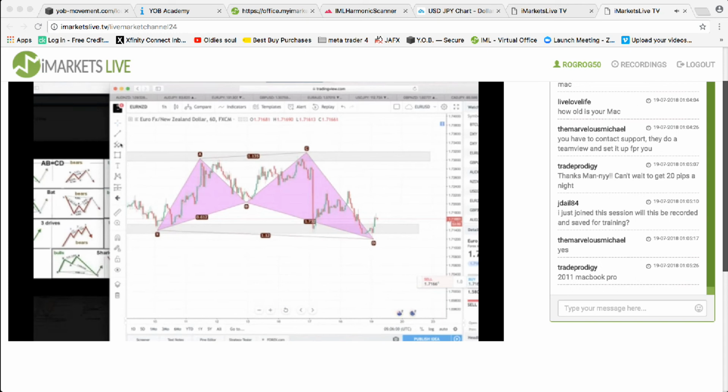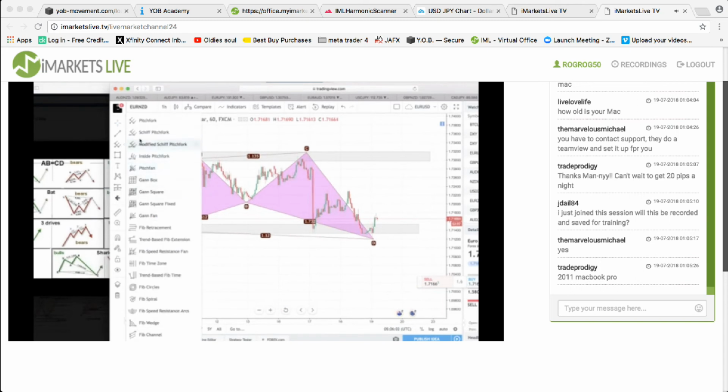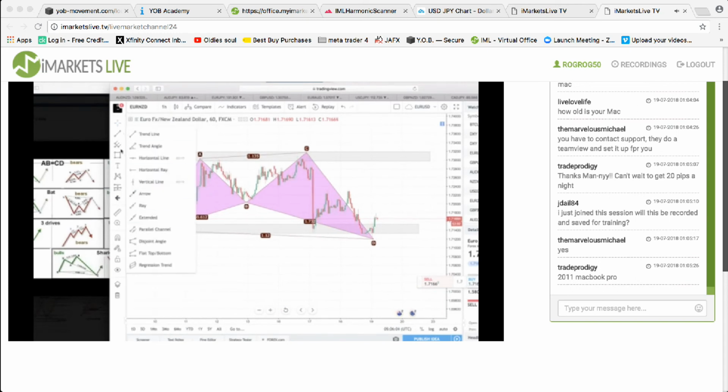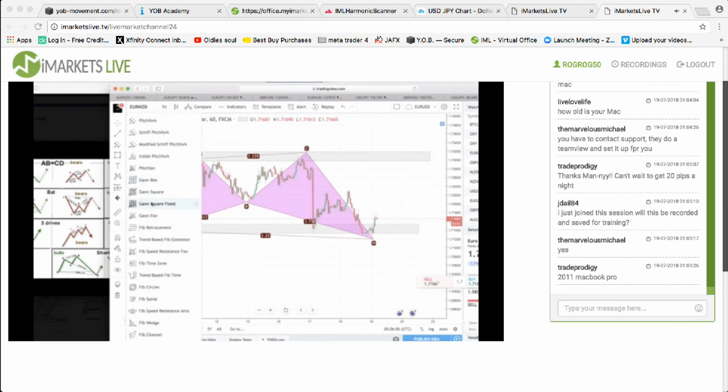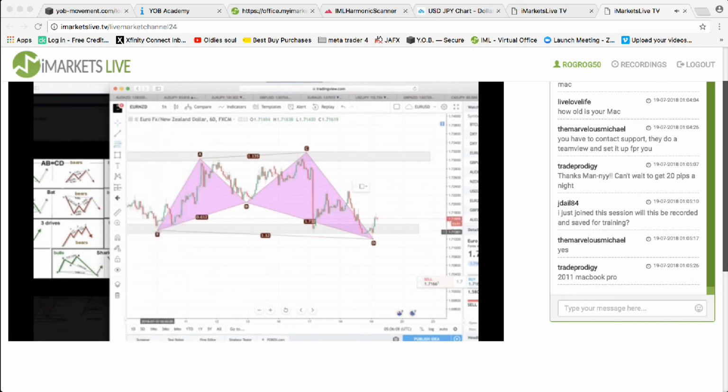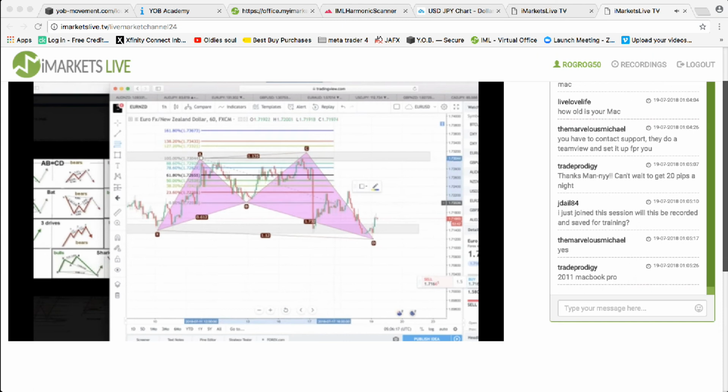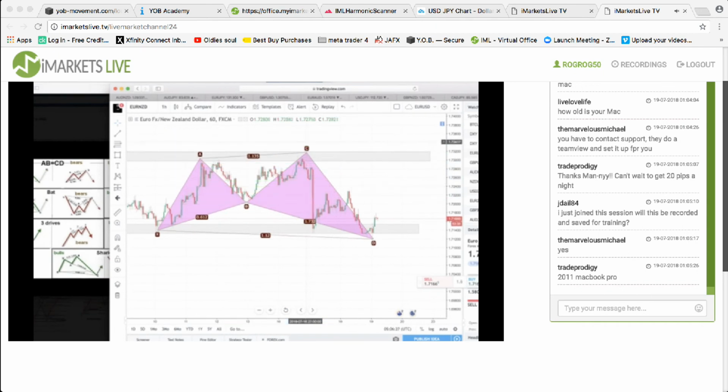If I show you guys the fibs real quick: the shark pattern doesn't have a definitive B point, but this was a nice 618. Now you can put your A to your B down here, and you want to see the 113 level of your Fibonacci extension be hit right there, which it was.